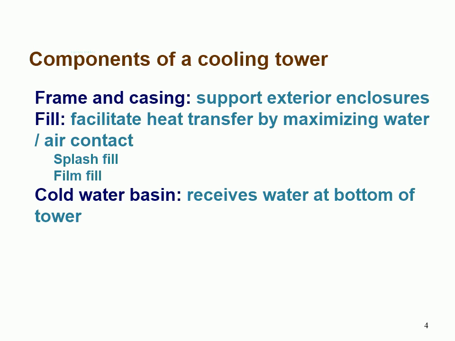Film fill consists of thin, closely spaced plastic surfaces over which the water spreads, forming a thin film in contact with the air. These surfaces may be flat, corrugated, honeycombed, or other patterns. The film type of fill is the more efficient and provides same heat transfer in a smaller volume than the splash fill.